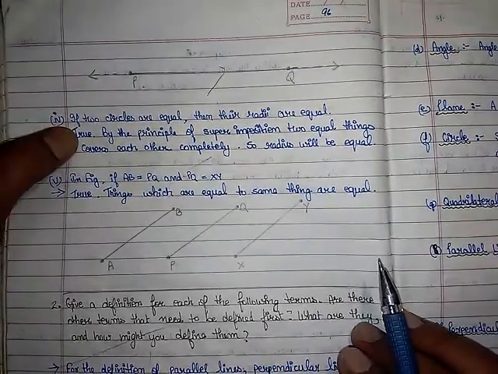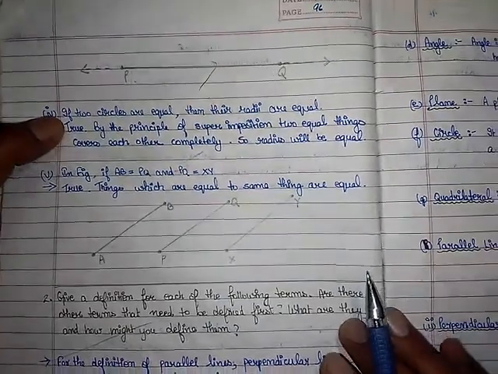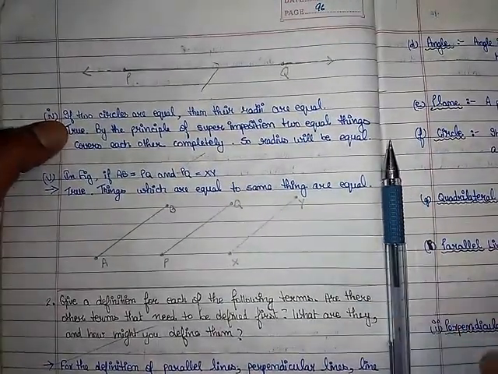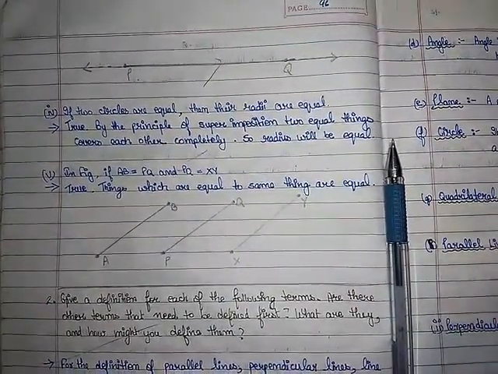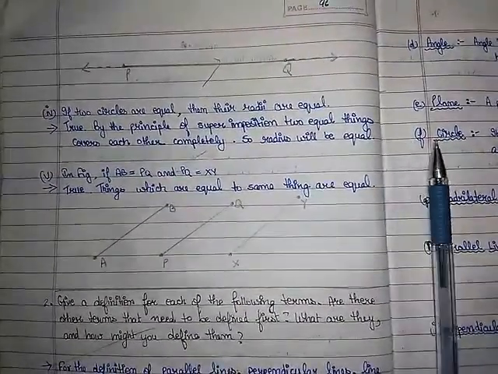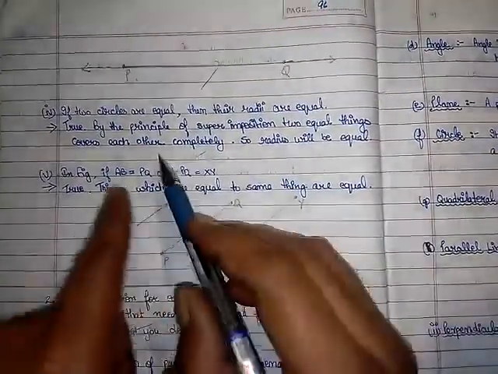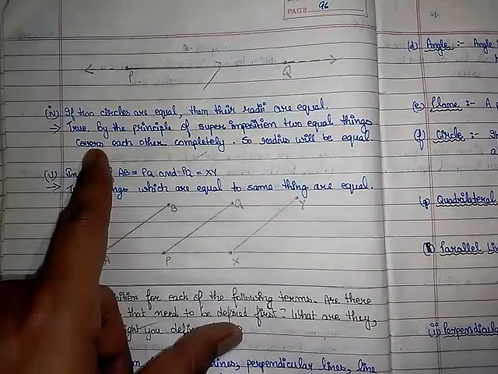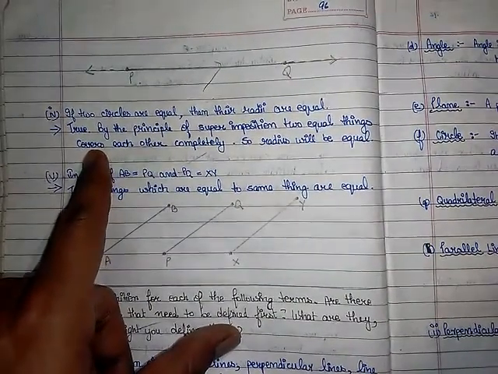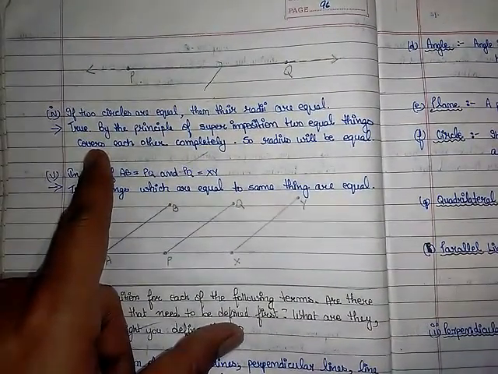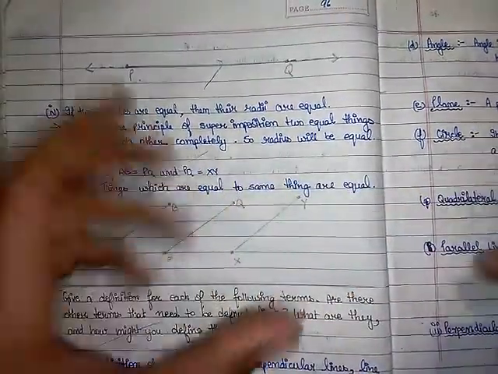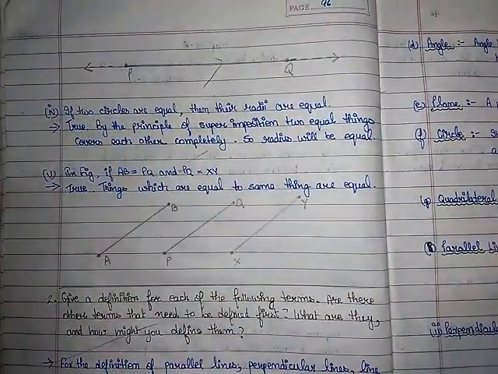If two circles are equal, then their radii are equal. Okay, so what is the meaning of two circles are equal? So that is common sense only, right? If the two circles are equal, definitely their radii should be equal. अगर आप 3 सेंटीमीटर के दो सर्कल बनाओगे तो definitely they will be equal to each other.